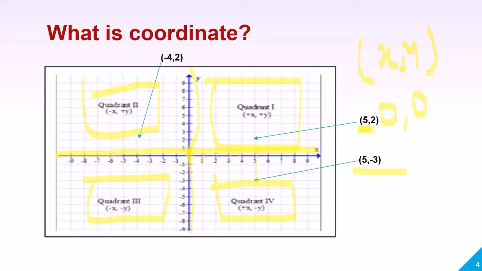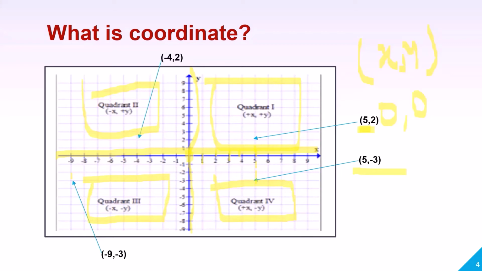If I take another example, this particular position, the x value is minus 9 and the y value is minus 3, because 3 is counted in the negative direction. In this way you can find any point in a coordinate plane. I hope it is clear now.